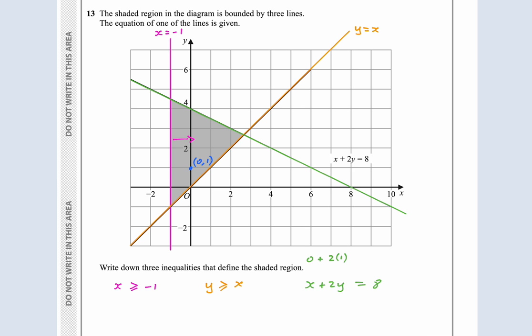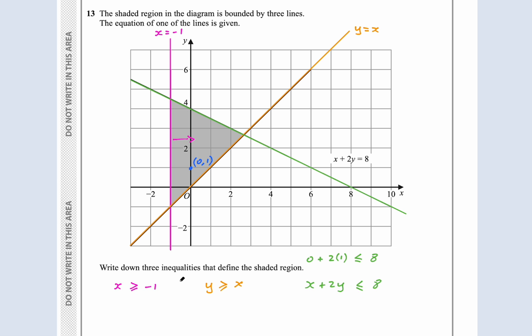Sorry guys, I didn't mean to put the equal sign here, so we're going to put an inequality. So 0 plus 2 times 1, and 8. Now which is bigger, the 8 or the 2 times 1, which is 2? Well, it's the 8, so I have to put my sign this way. So x plus 2y is less than or equal to 8.